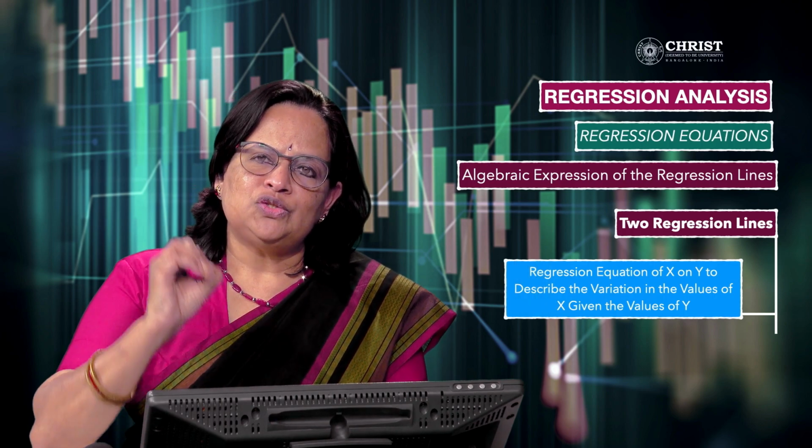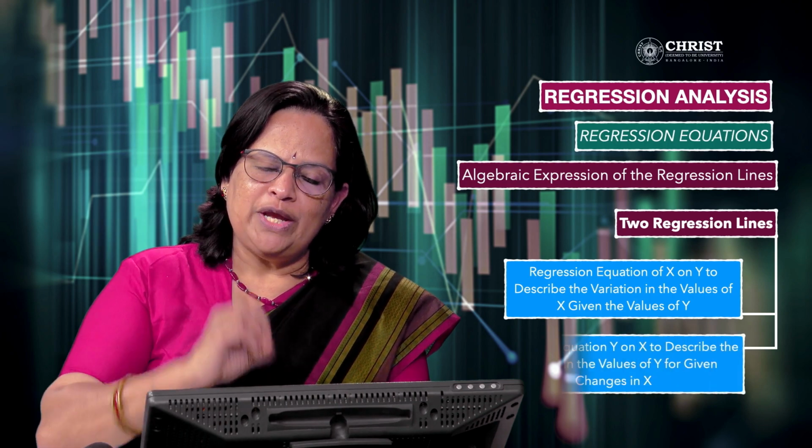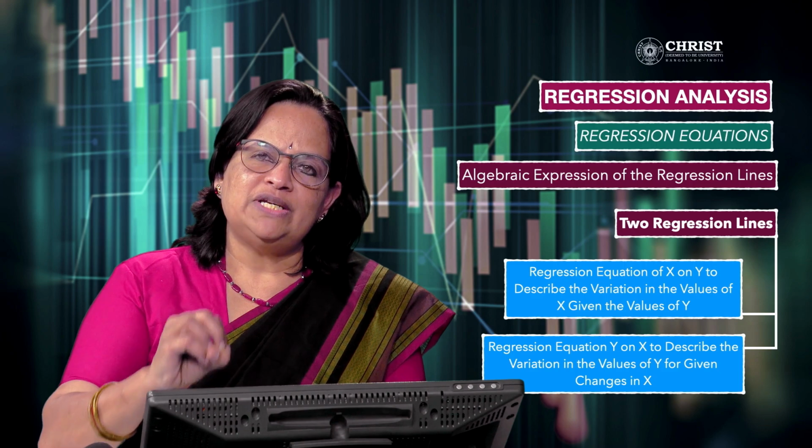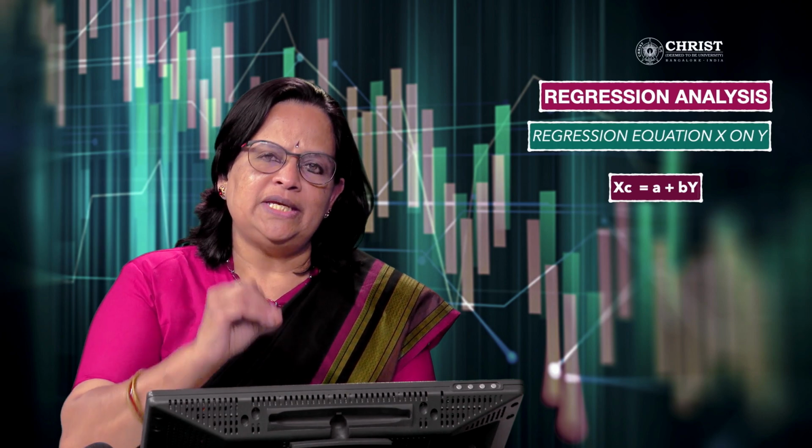You have to remember that regression equation X on Y is used to describe the variation in the values of X given the values of Y. Regression equation Y on X is used to describe the variation in the values of Y for the given changes in the values of X. Now for regression equation X on Y, we have to learn the computation. It is expressed as X = a + bY.